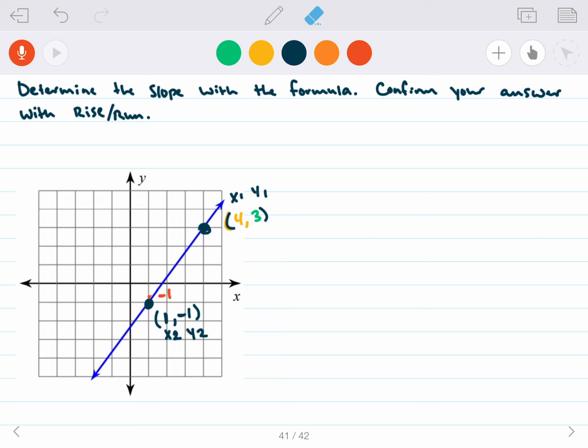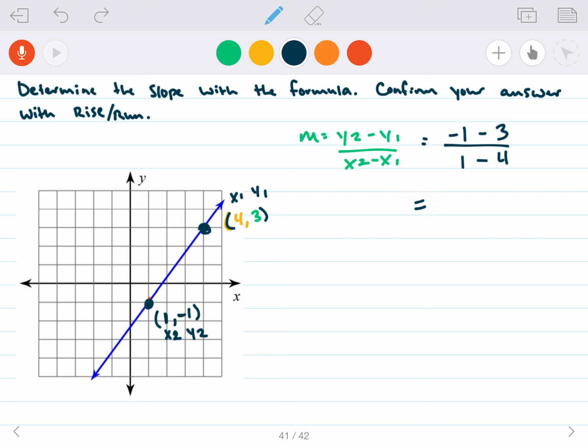Okay, so now we have ordered pairs and we can use our formula. So our formula is y2 minus y1 over x2 minus x1. So y2 is negative 1. So we have negative 1 minus y1 is 3 over x2 is 1 minus x1 is 4.